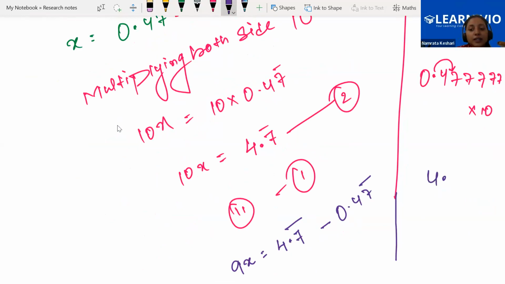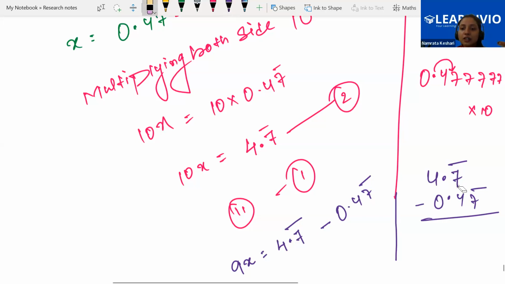When you write it like this, below 7 bar, 7 bar is not coming, right? So there can be confusion in the subtraction, right? Yes, ma'am. Whenever you have such a scenario, I would suggest instead of 7 bar, write 7777 dot dot dot.